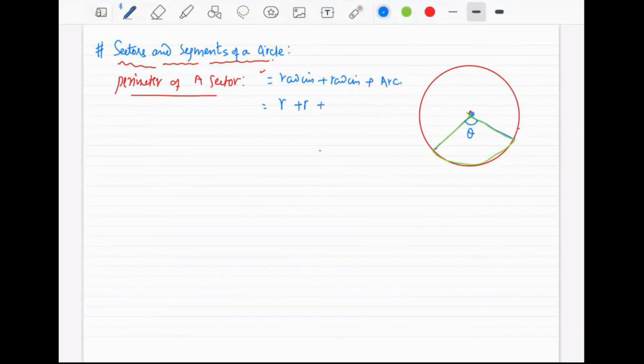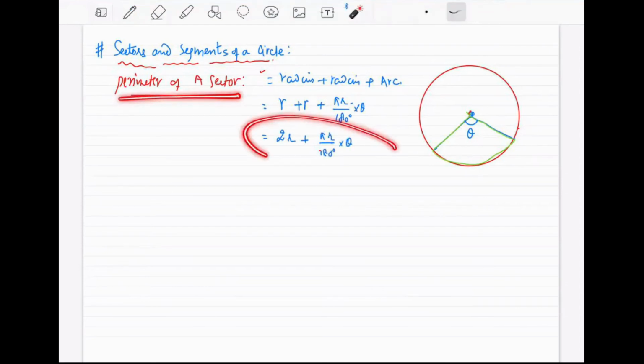The formula was pi r by 180 into theta. We can add r and r, so the total value is twice r plus pi r by 180 into theta. So this formula forms the perimeter of a sector. Not frequently used, but there will be one or two questions in your exercise related to the perimeter of a sector. So note this one also.